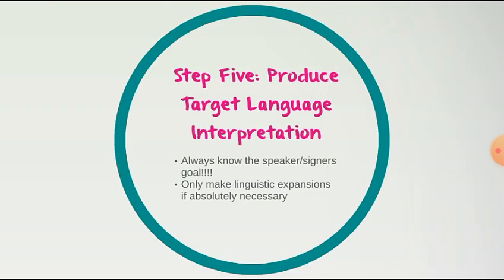Step 5, produce target language interpretation. Here, always know the speaker's or signer's goals. You have to know what their goal is in having you as their interpreter. Is it for a business meeting, conference, or court, etc.? Second, only make linguistic expansions if absolutely necessary.